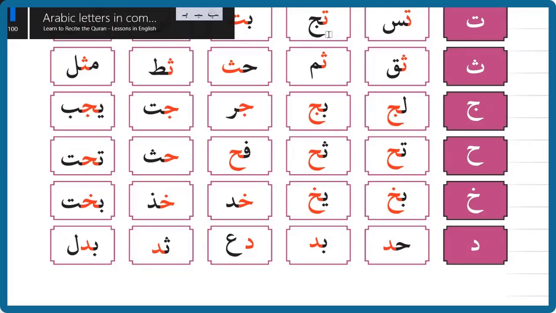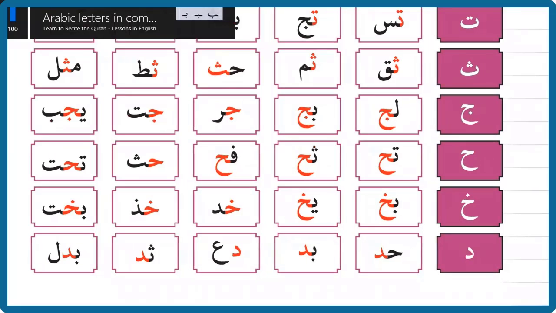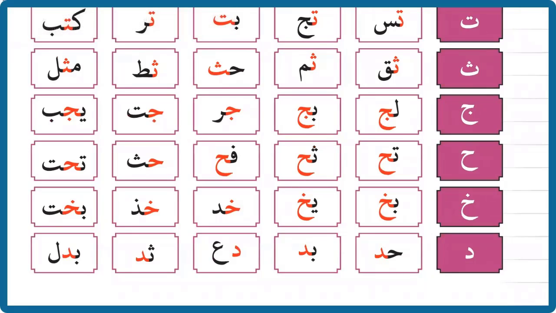Next, I cannot see actually the. Yeah, okay. Where was it? Ba, ta, ta, ra, kaf, ta, ba. So we can see how ta just changes its shapes, right?